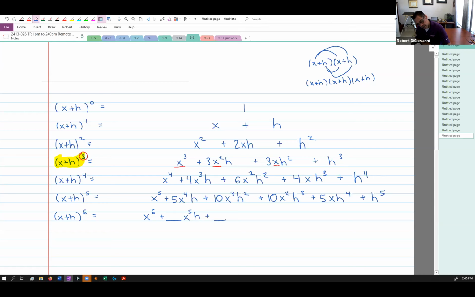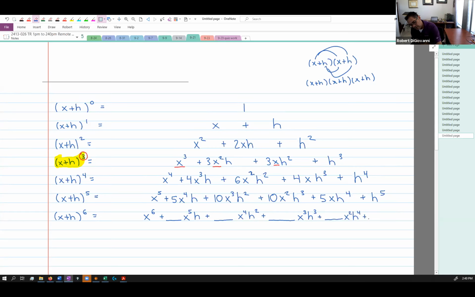Then some number, x to the fourth, h squared. I'm going to keep doing this until all the x's vanish and I end with h to the sixth. So some constant x cubed h cubed, and then plus some constant x squared h to the fourth.